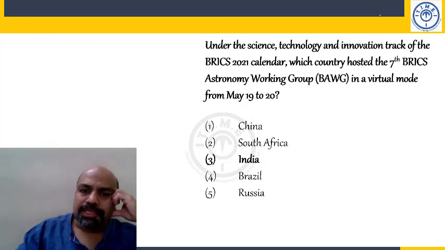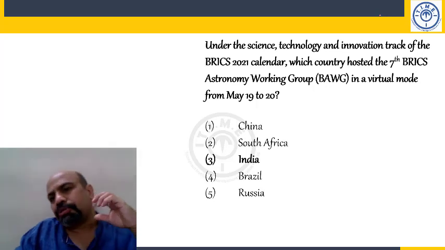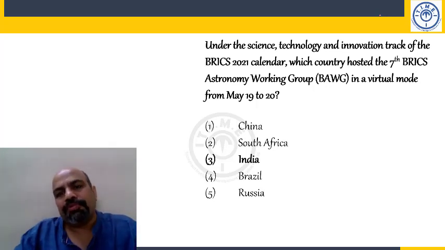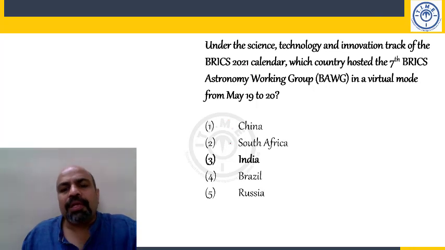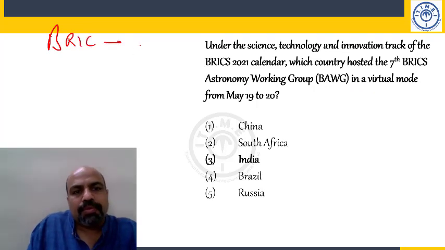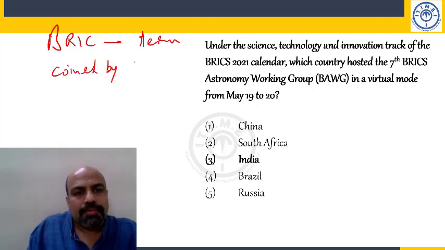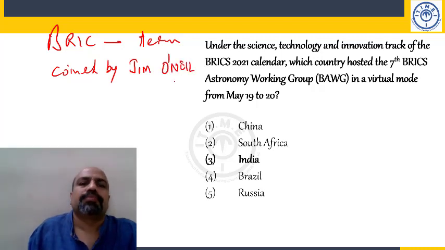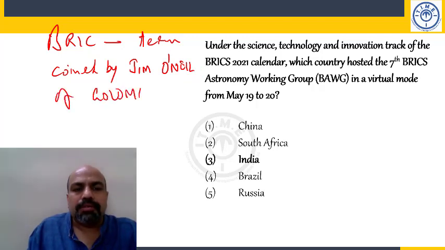Under the Science, Technology and Innovation track of BRICS 2021 calendar, which country hosted the 7th BRICS Astronomy Working Group in a virtual mode in May this year? India hosted this. And BRICS, you can write this, BRIC, term coined by Jim O'Neill of Goldman Sachs.